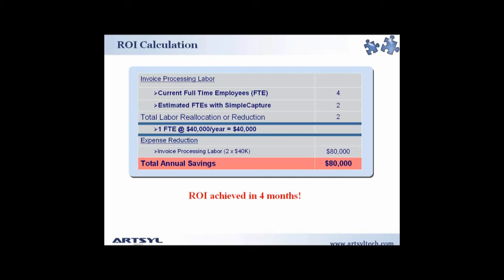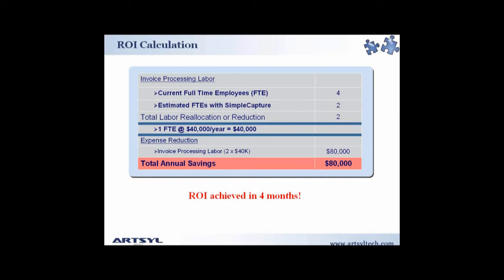I think the actual number is 3.8 months in this example, so about 4 months. Anything less than 12 months is typically automatically justified. Anything under 6 months, and you really would be crazy not to move forward with this type of technology.